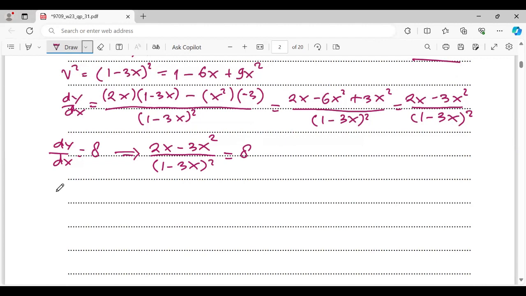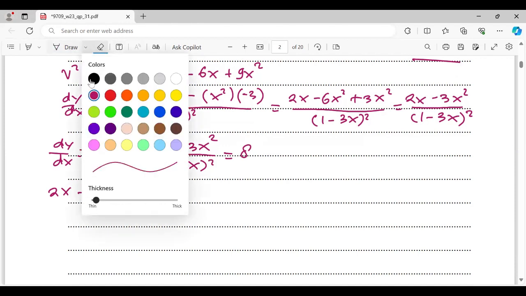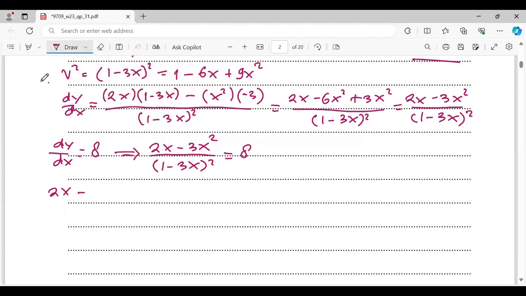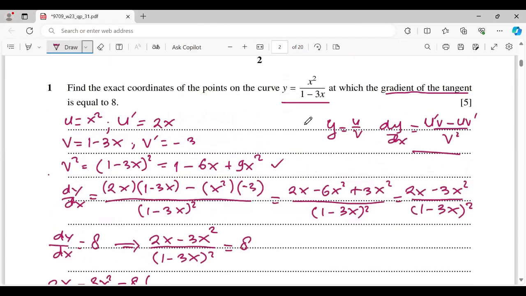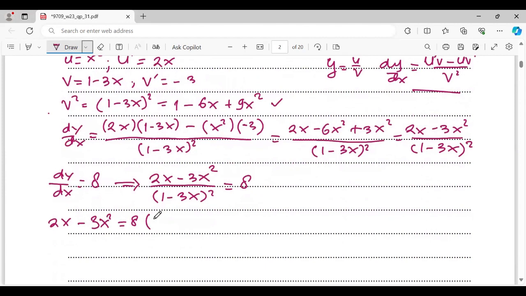We expand this: 2x minus 3x squared equals 8 times, I'm going to expand this, 1 minus 6x plus 9x squared.